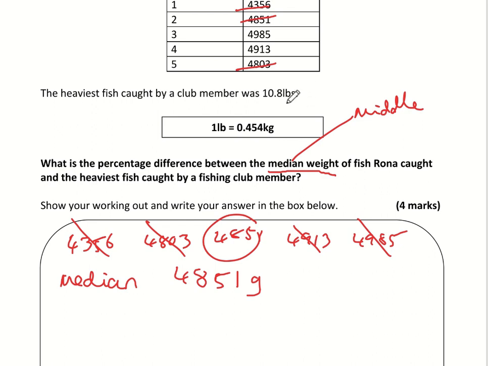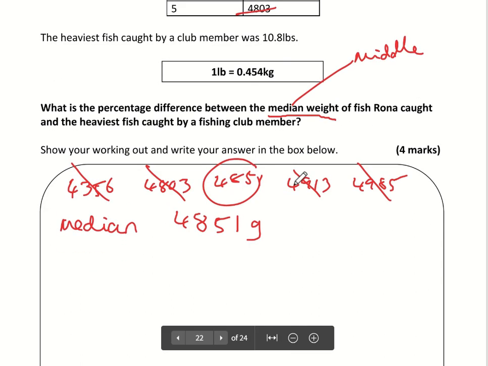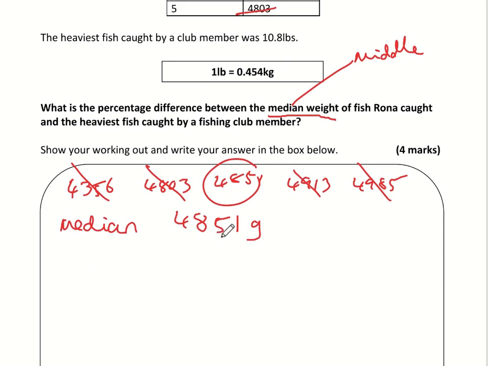Okay, now we're comparing this to 10.8 pounds. So okay, well we've got two options. We can either convert this into pounds, or we can convert 10.8 pounds into kilos. First of all, we want to turn this into kilos, so that is 4.851 kilos, just dividing by 1,000.